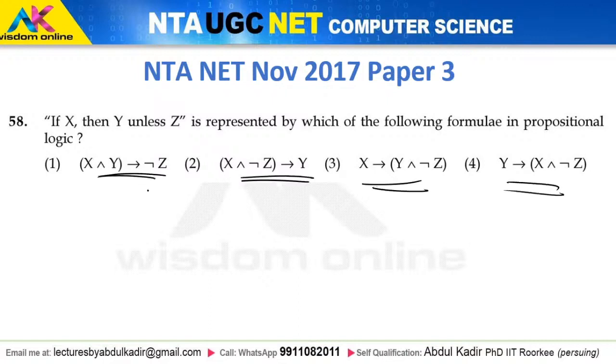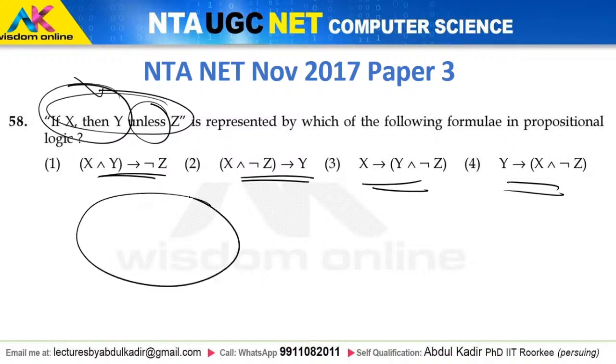Whenever you have a mathematical formula, then we apply operator precedence. English statements are ambiguous, but most of the time we use unless with a conditional statement. So we have a conditional statement, then unless, and then a statement. This is how we will look at it.